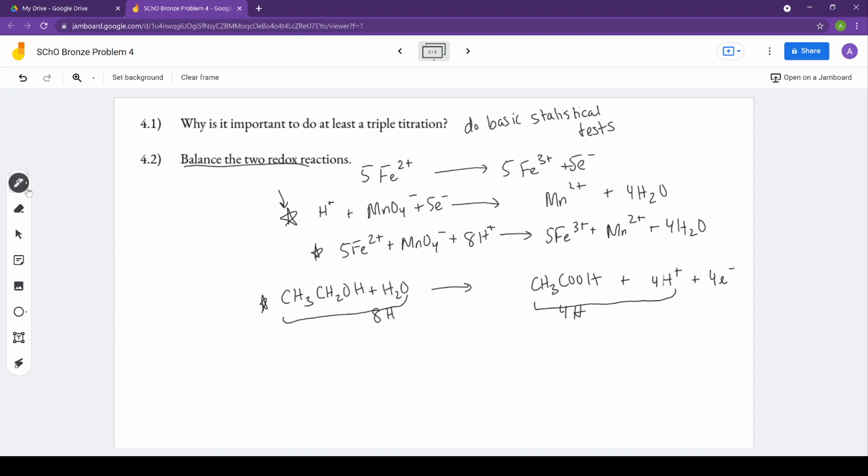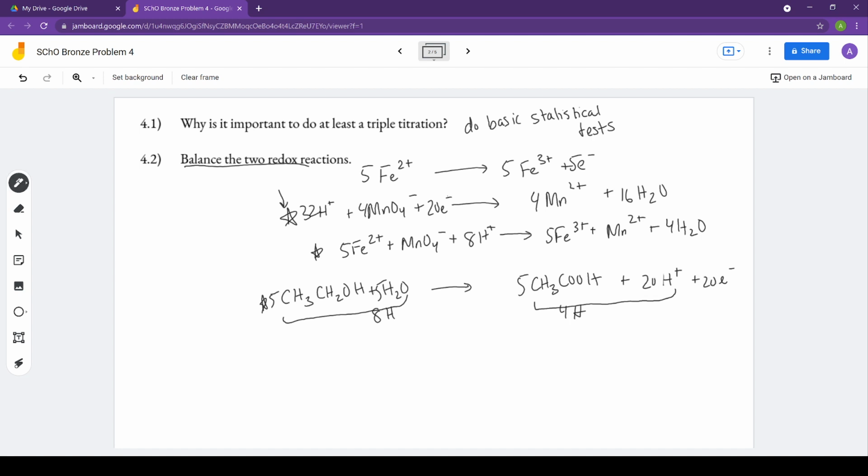So this is going to be 32 H+, 4 MnO4-, 20 electrons, and then 4 Mn2+, and finally 16 H2O, right? And now we're going to multiply the ethanol oxidation by 5. So we have 5 ethanols, 5 waters, 5 acids, 20 H+, and 20 electrons.